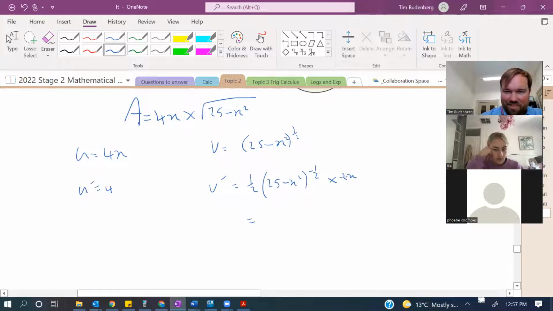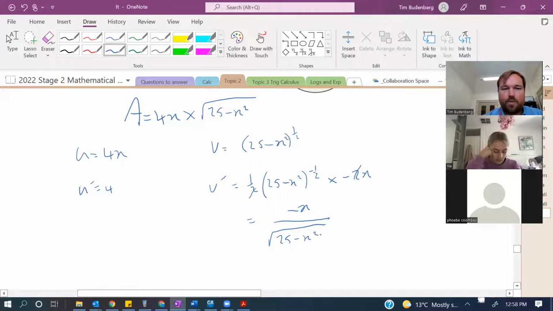Yep, minus 2x. And then this 2 and that half are going to cancel, and you'll just be left with minus x over the square root of 25 take x squared.